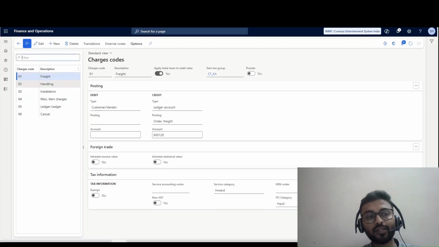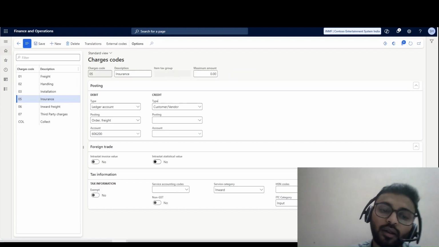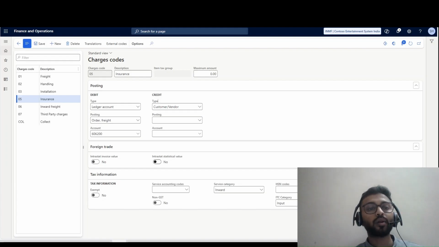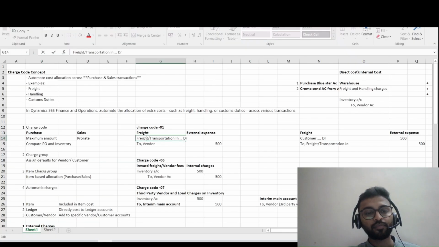So in all these charges I have debited the customer and credited my charges. Here I have debited the charges and credited my customer or vendor. So this is my whole purpose, learning how the posting will work in the system. Now we'll deep dive into the system to see how we can post the entry.